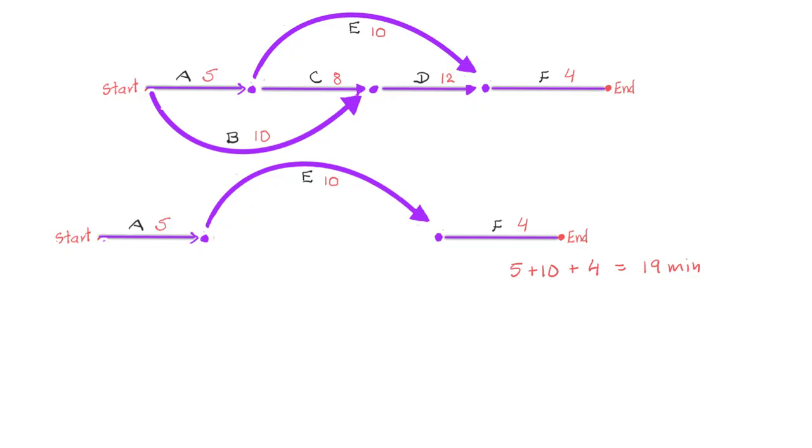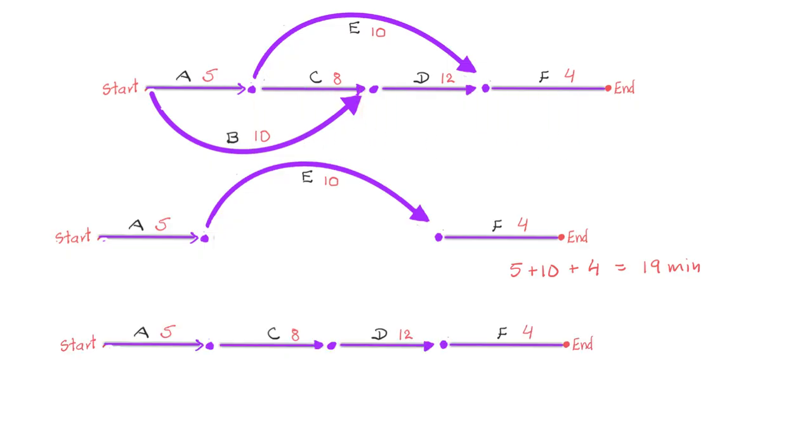Let's look at another path, and let's look at the path that goes straight from A, C, D, and F. This path will take 5 plus 8 plus 12 plus 4 minutes, and that will be 29 minutes.